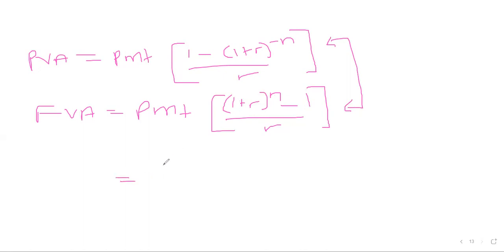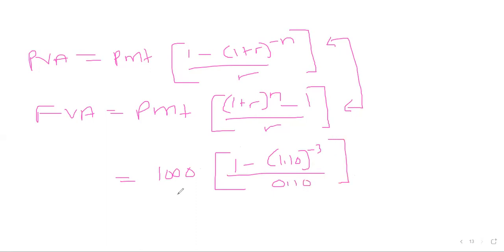So here we're going to have 1,000 times 1 minus 1.10 to the power negative 3, over 10%. So this will give us 1,000 times 2.486, which is 2,486.